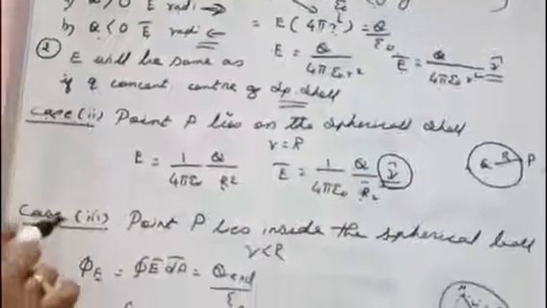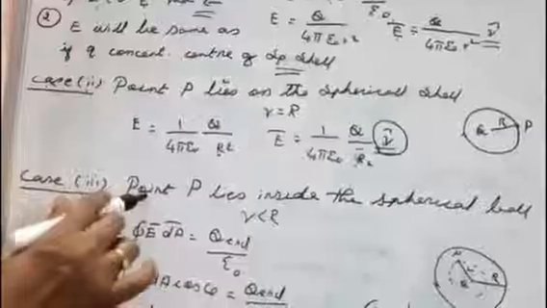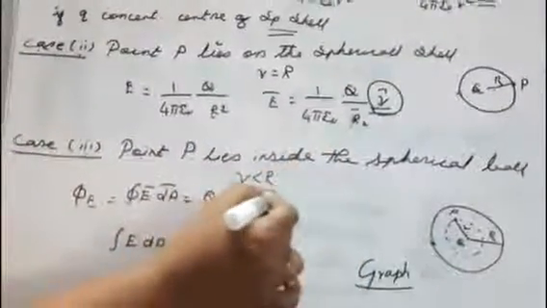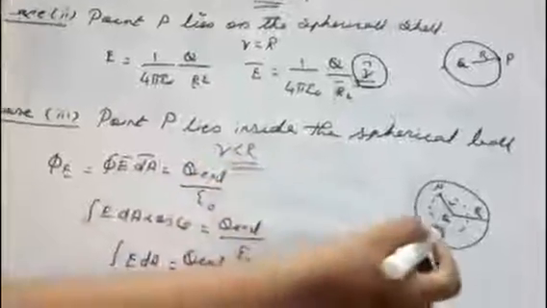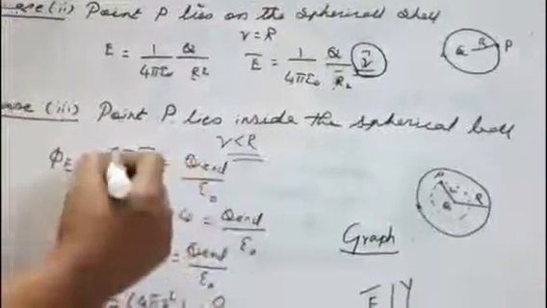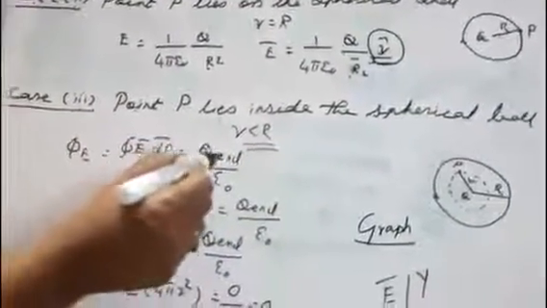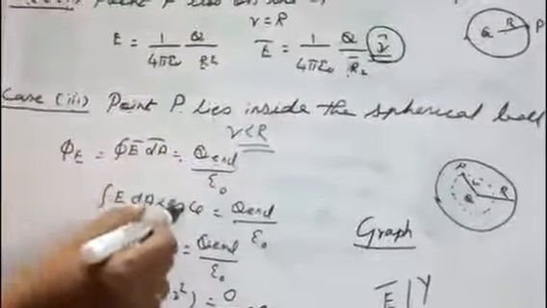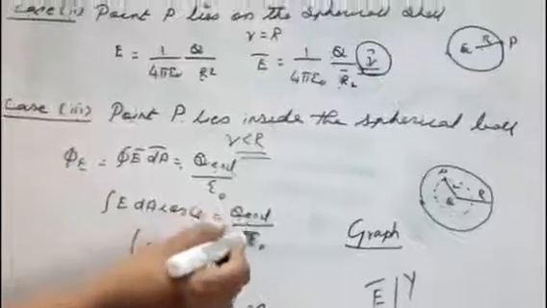Next, the third case is the point P lies inside the spherical shell, that is r is less than capital R. So phi E is equal to the closed integral of E dA, and this is equal to Q enclosed by epsilon naught, and E dA is E dA cos theta equal to Q enclosed by epsilon naught.